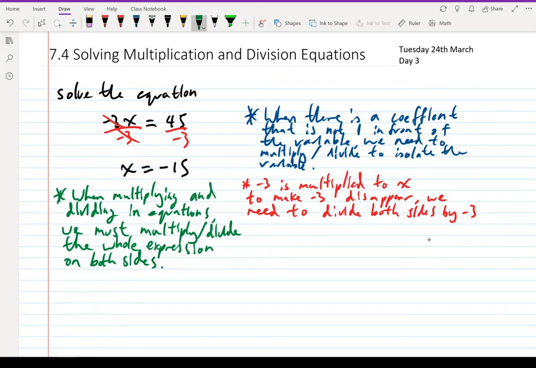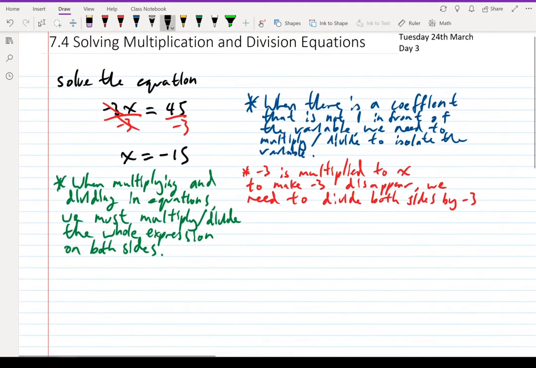For example, you may have seen some people make this mistake in multiple step problems. That'll be for next lesson. Let's say we have 3x plus 5 is equal to 14 as an example.